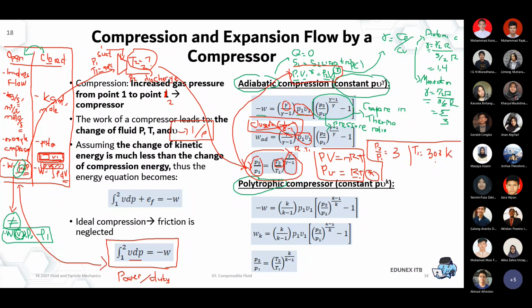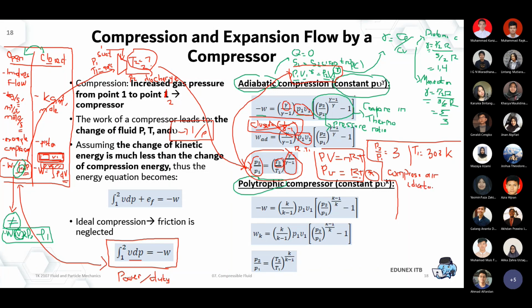So can you please calculate? Let's say we want to compress air. That means the majority of the air is nitrogen and oxygen, 79% nitrogen and 21% oxygen, so we can assume it as a diatomic gas.